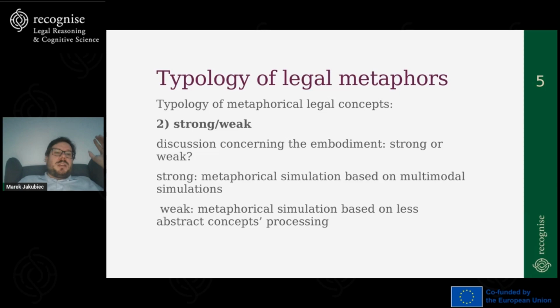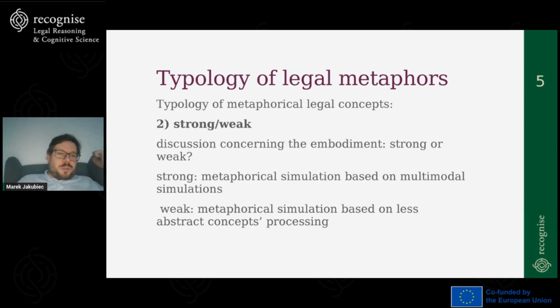But to sum up, if we have amodal representations, then they are not directly grounded in our experiences. If we have modal representations, then they are grounded directly in our experiences. According to strong embodiment, all representations are directly linked to our experiences. According to weak embodiment, not necessarily all. There is room for amodal representations, but generally speaking, our cognition is embodied.